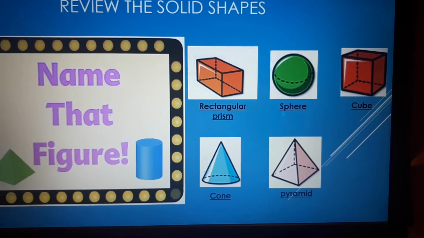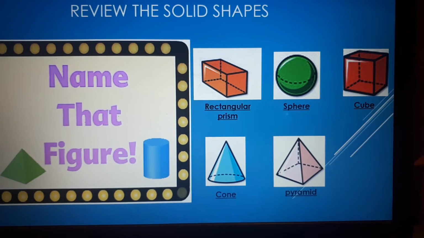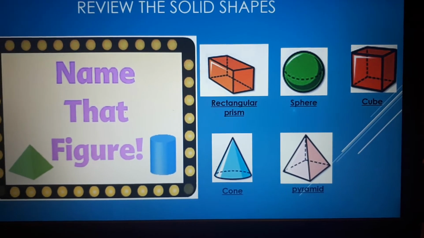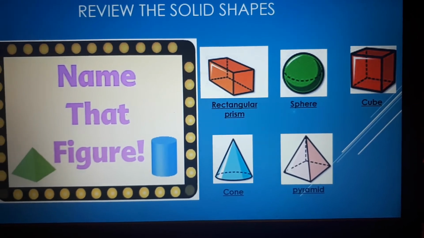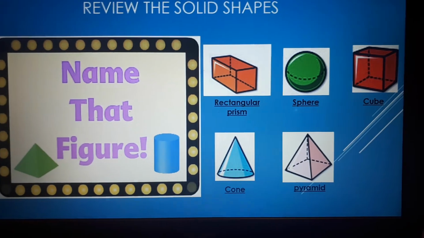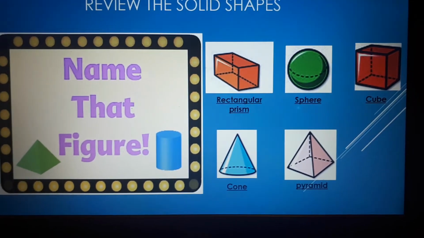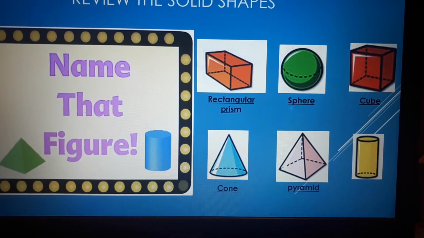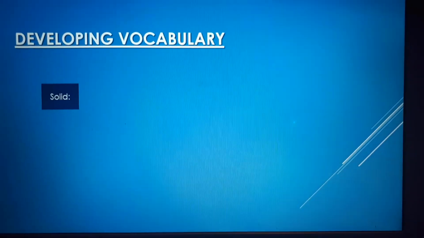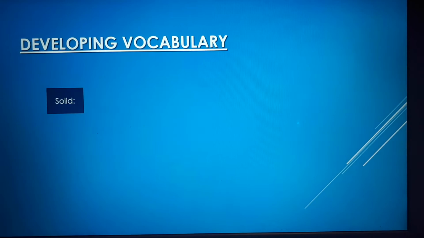pyramid. And remember that pyramids have two kinds of faces, one with a square base and one with a triangle. We took this last lesson. Remember, okay? And cylinder. Now the new vocabulary words that we will take are solid and shapes.